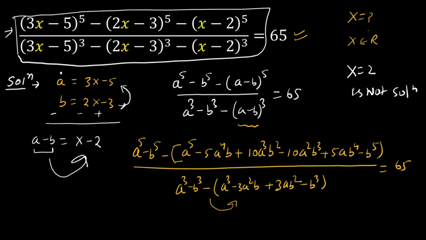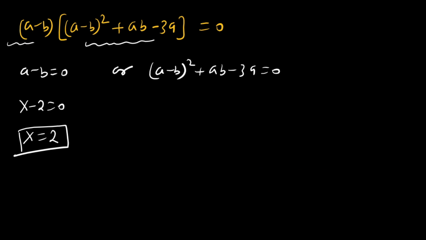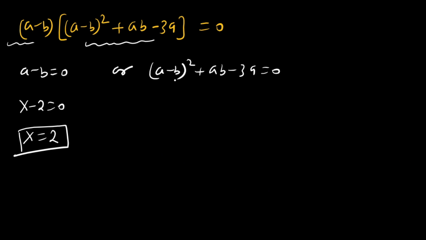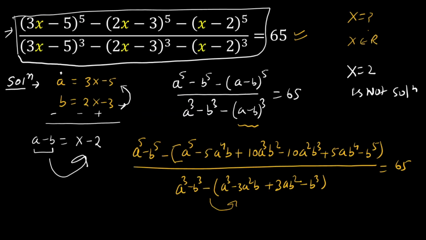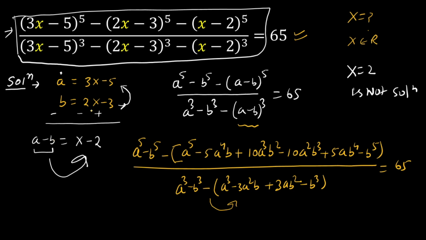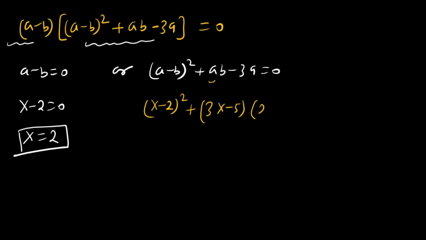Now we know that the value of a is 3x minus 5 and a minus b is x minus 2. Then a minus b is replaced by x minus 2, so here (x minus 2) whole square plus, and a is replaced by 3x minus 5, and b is replaced by 2x minus 3, minus 39, and this is equal to 0.